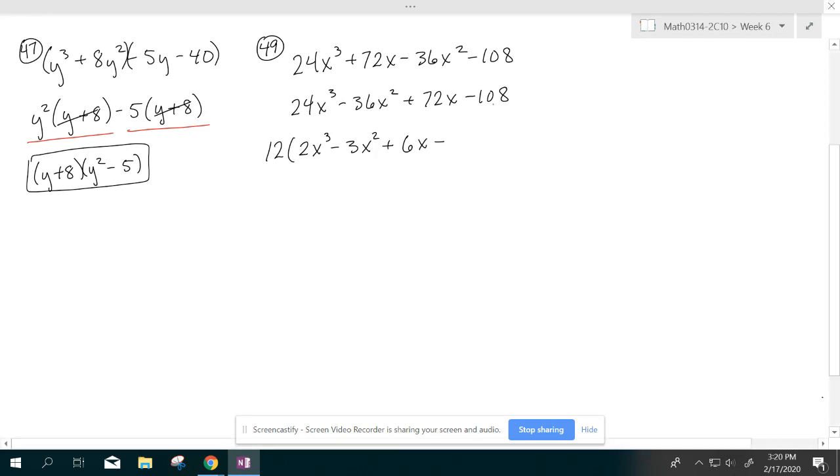What about 108 divided by 12? 9. So they do all divide by 12, so we needed to take it out. And now the stuff that's left over inside the parentheses, how many terms are there? And now we're going to need to factor by grouping.